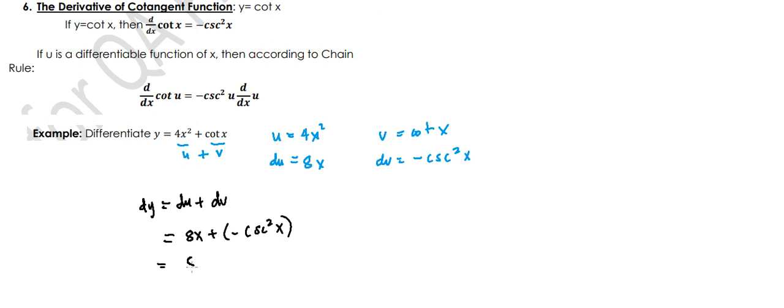So this will become 8x minus cosecant squared x. Okay? So that is our derivative.